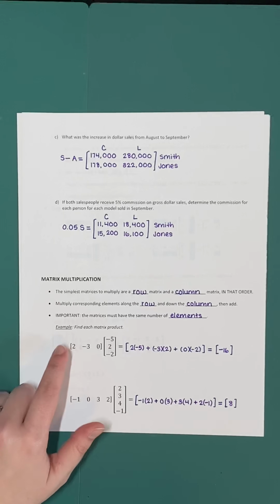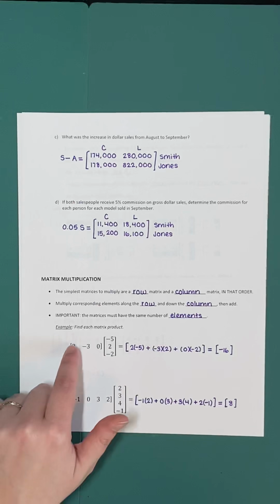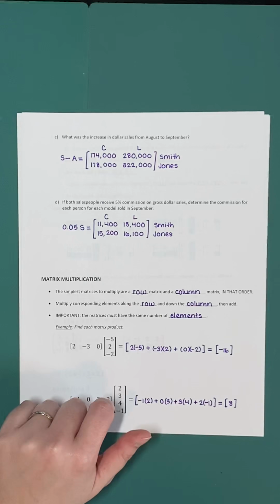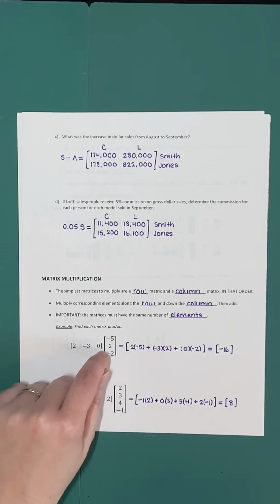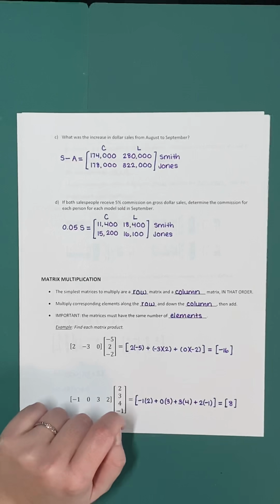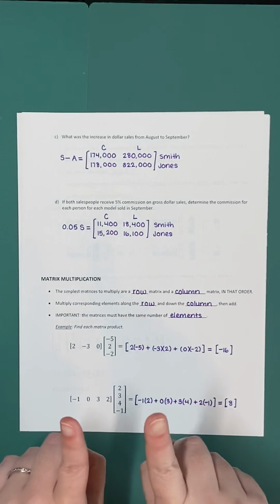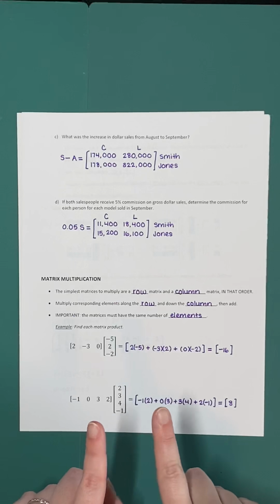So our first one, we have a row of 3 elements and a column of 3 elements. Because these two matrices have the same number of elements, this particular multiplication is defined. So a row times a column. This is how this is going to work. I would take 2 fingers and trace through with my fingers what's actually happening.